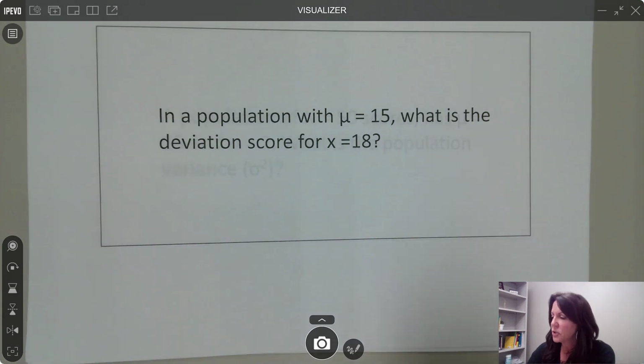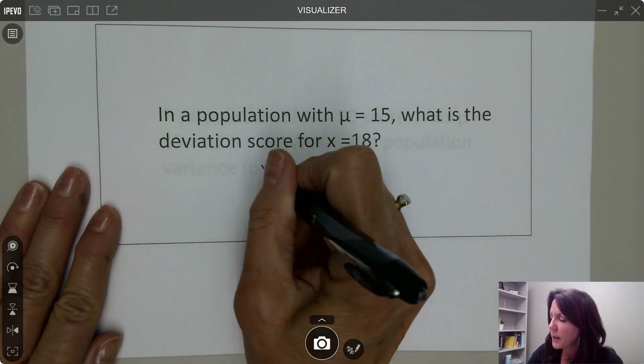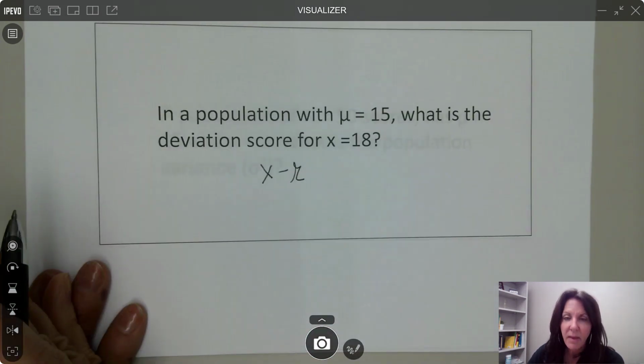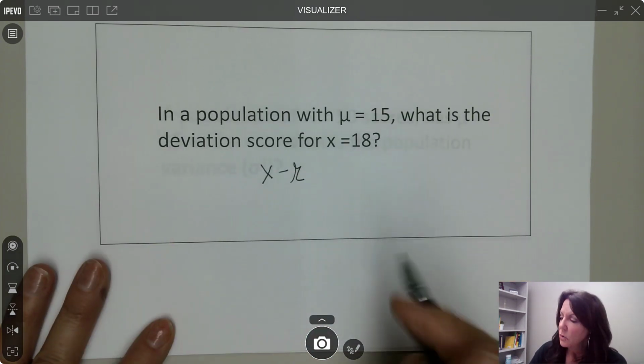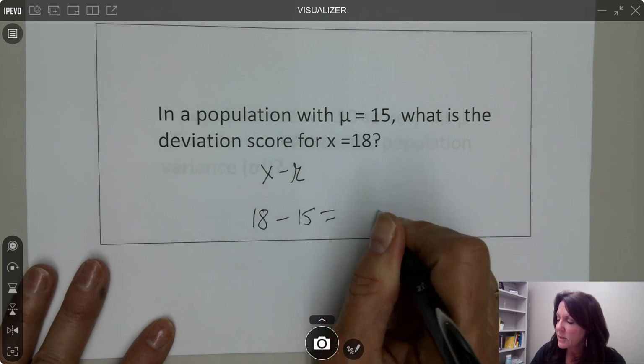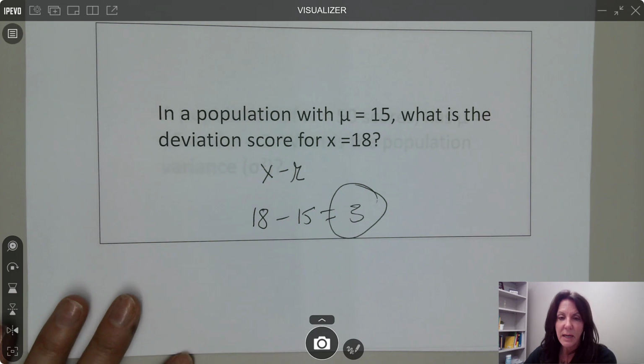Here's another deviation score. Again, I'm going to go ahead and write the formula, the score minus the mean. We don't go in the other direction. It's always the score minus the mean. We had a score of 18. We're going to subtract the mean of 15, and that gives us a deviation score of 3.